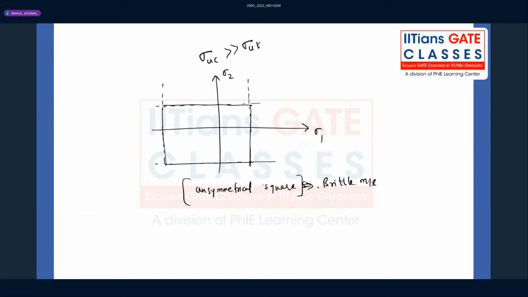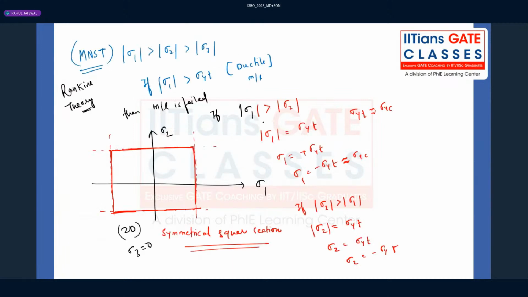That's why it is very important to know the safety region for brittle material. In all the textbooks, you will find they give it for ductile material, that is the symmetrical section, right? But generally it is not symmetrical for brittle material.